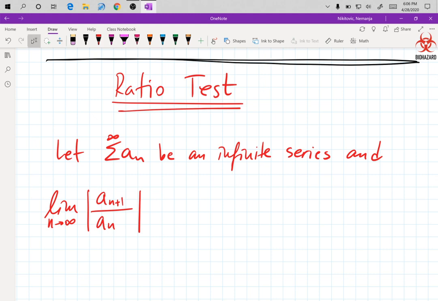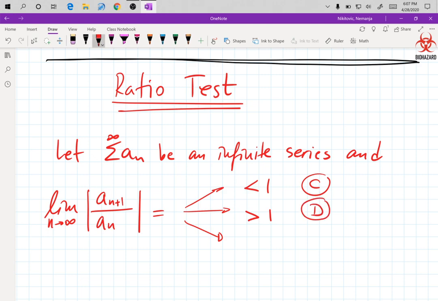All right, so now when you do this limit, you will get one of three possible answers, and those are exactly the same as before. You can get an answer less than 1, which will give you convergence, more than 1, which is divergence, and equal to 1, the test is inconclusive.